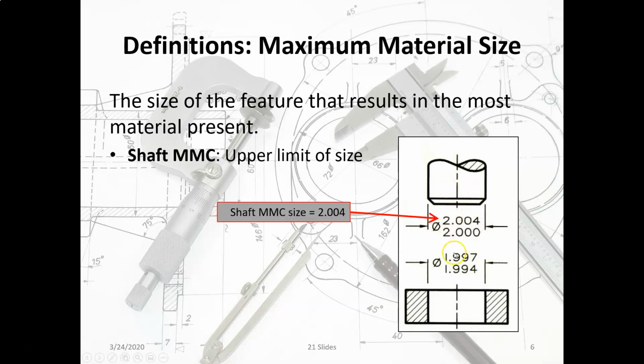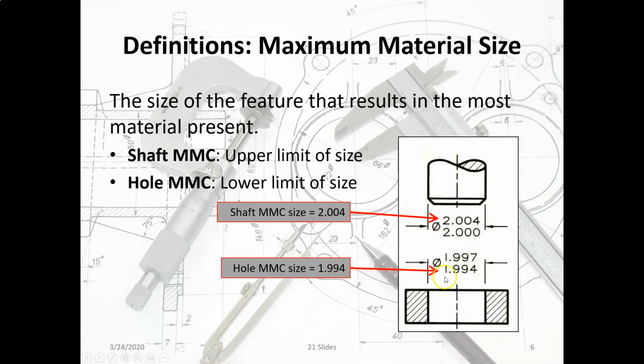The maximum material size for a hole is when the hole is at its smallest size. If you think about this, that means the material around the hole is maximized. You're going to have the most material surrounding the hole. That's why the hole MMC is its smallest size and the shaft MMC is its largest size.